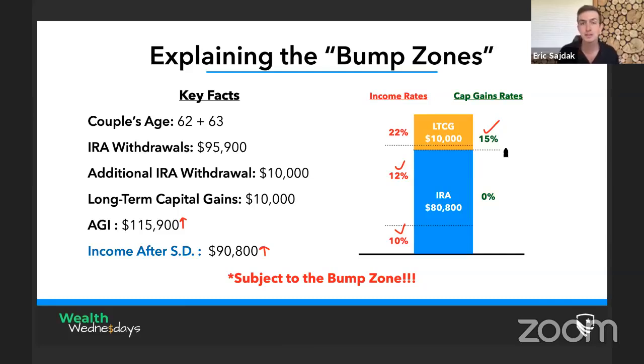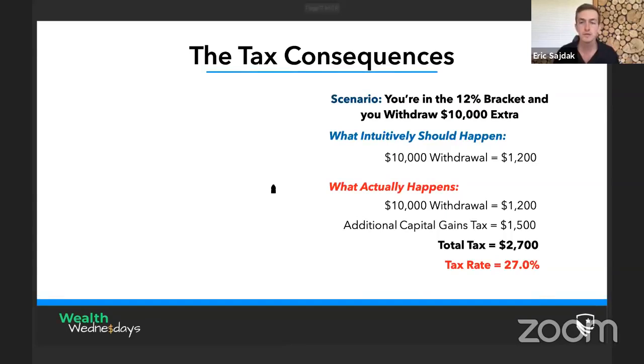That extra $10,000 of traditional IRA withdrawals moved what was previously a 0% tax rate for capital gains to now being taxed at 15%. The extra $10,000 of withdrawals overflowed and created a different problem in their retirement. It caused their long-term capital gains to also be taxed. So their marginal tax rate on this extra $10,000 of withdrawals is going to be significantly higher than they probably thought.